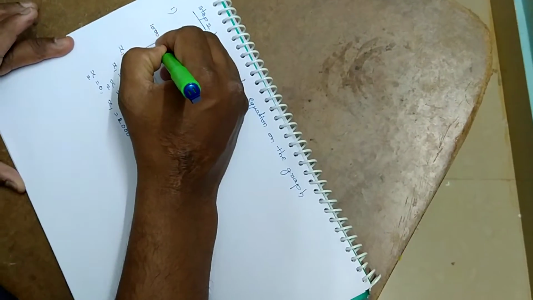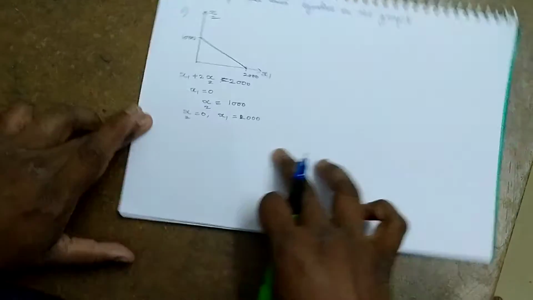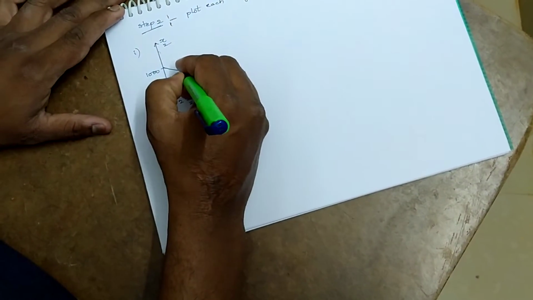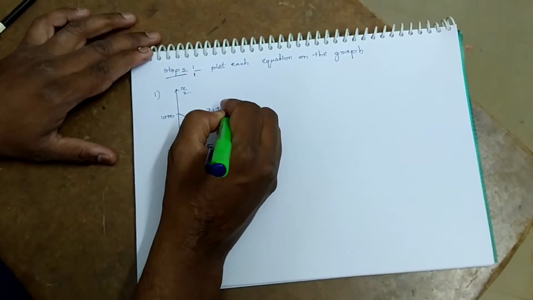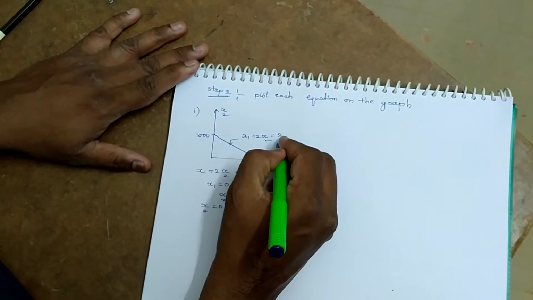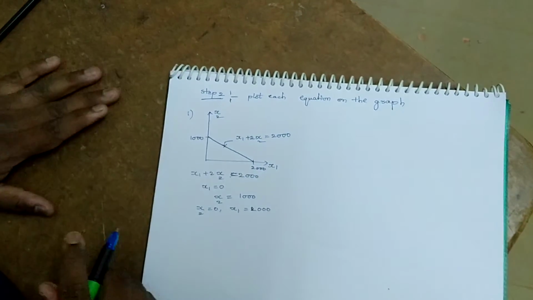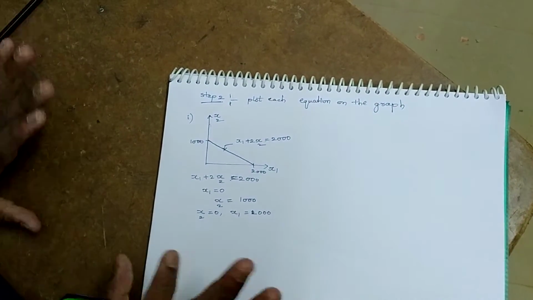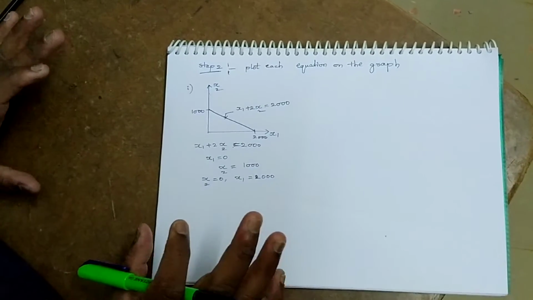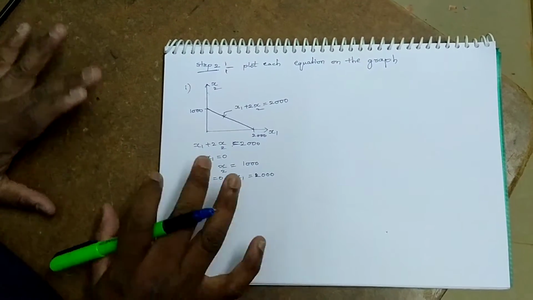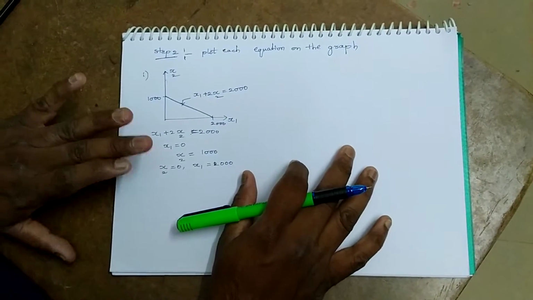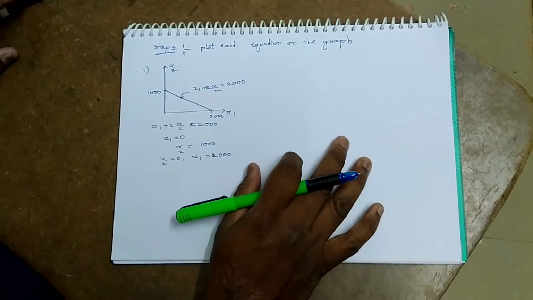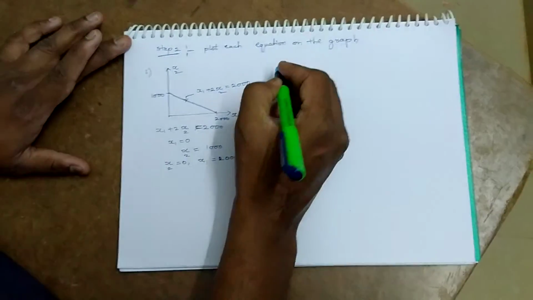Now join this 1000 with 2000. Then this line corresponds to x1 plus 2x2 is equal to 2000. I hope you know how to construct a line with this information. Each and every line is to be plotted on a graph, which is nothing but a coordinate system. Simple. The first one is over.